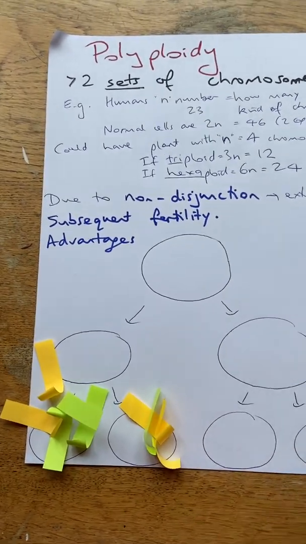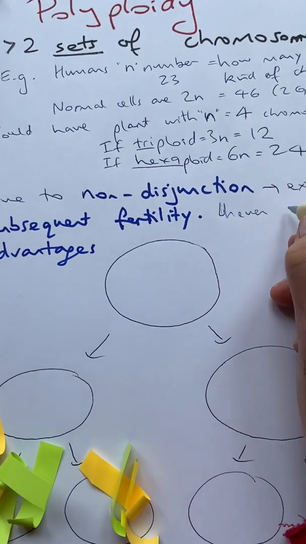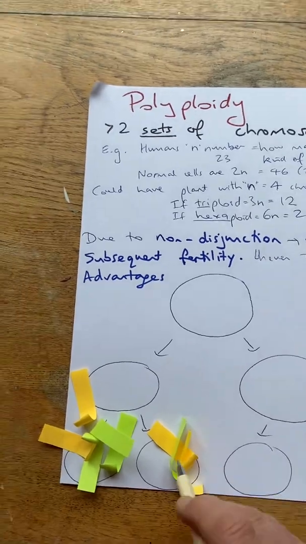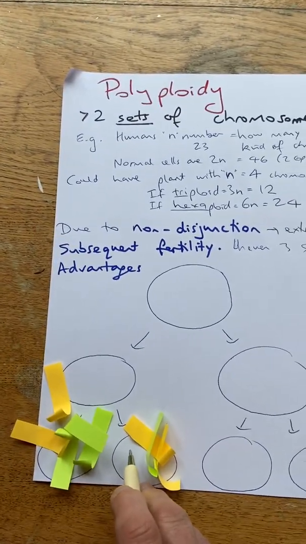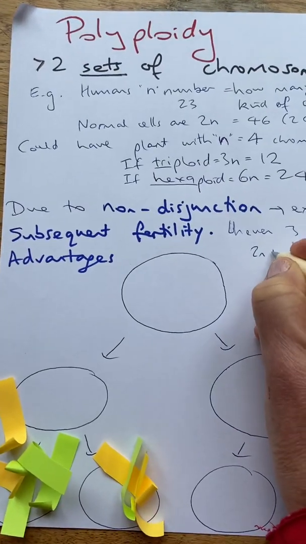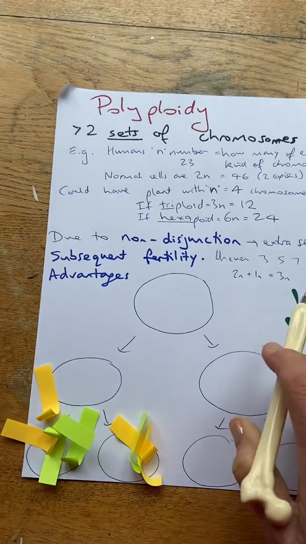If you have an uneven number, so 3, 5, 7, 9, whatever, as your sets of chromosomes. So say this has become a 2N gamete, and it might join together with a 1N gamete. You would have a 3N individual.